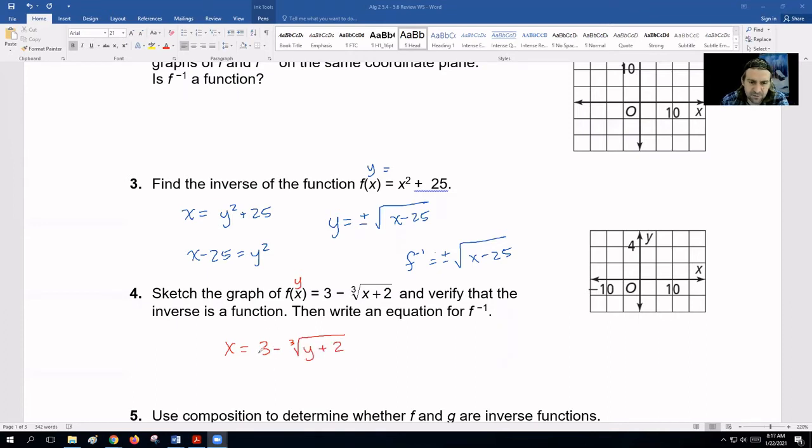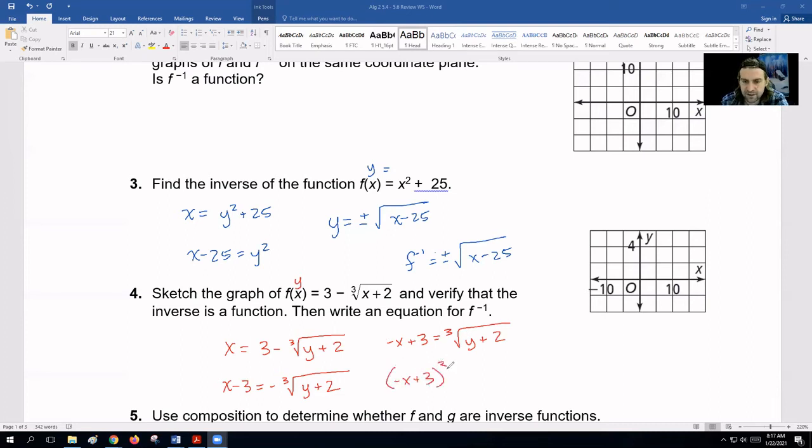All right, first thing we want to do is minus the 3 over. We get x minus 3 is equal to negative cube root of y plus 2. Now we got to get rid of the negative. So if we divide by a negative or multiply by -1, we get negative x plus 3 is equal to the cube root of y plus 2. All right, we'd cube both sides, and we would have to cube the whole expression.